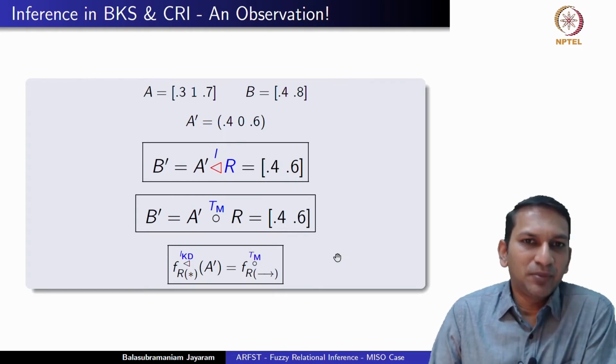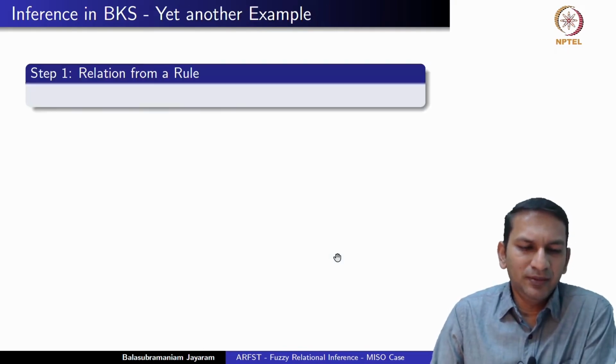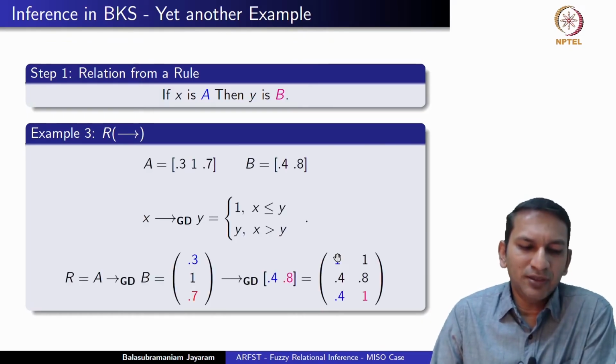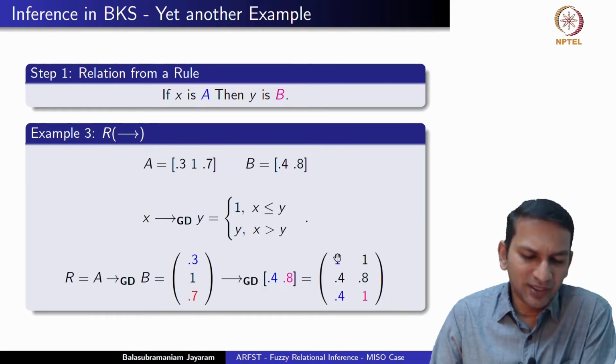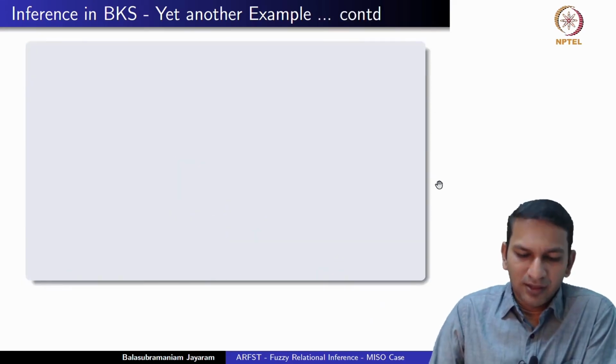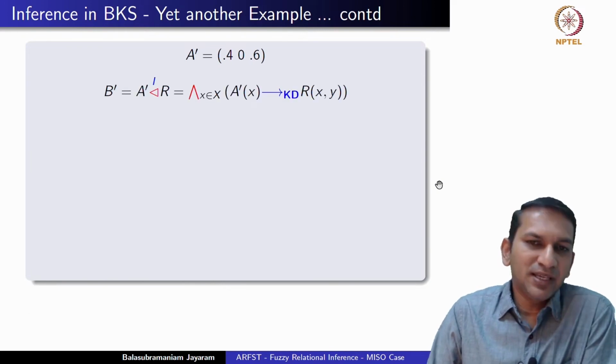Let's take the same inputs and try to change some operations. The same rule, we will use an implication to capture the relation. We have used the Gödel implication itself. So this is the relation that you will get to capture this rule when A and B are given as this. Now let's use the BKS inference.